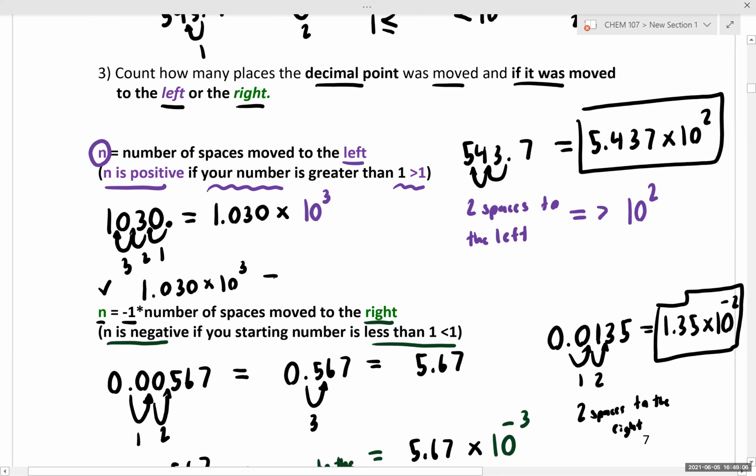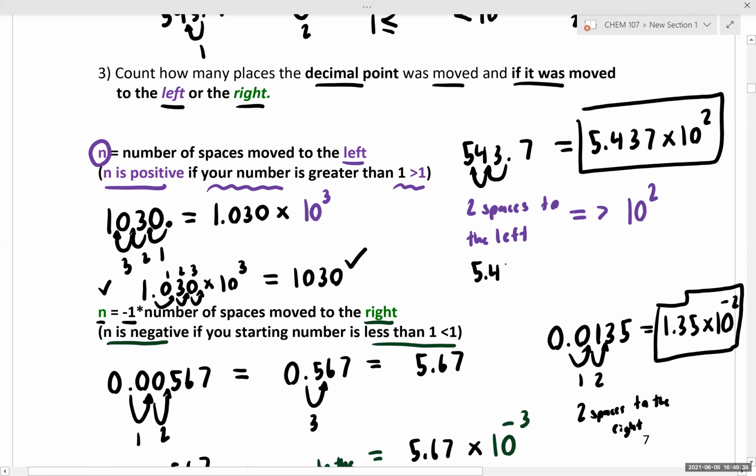What we can do is multiply out this number written in scientific notation and convert it back to our starting number. So we know that when we multiply by positive powers of 10, we move our decimal point to the right 3 spaces, 1, 2, 3. So multiplying out this number written in scientific notation, we get 1030. So we've in effect checked our work.